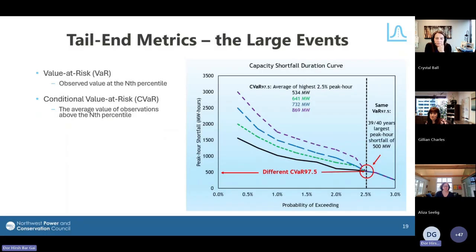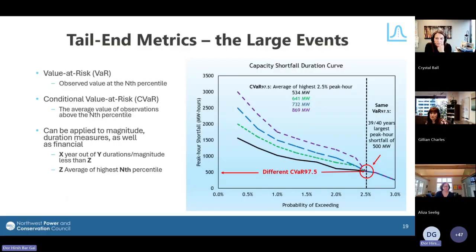The way that we view the tail-end metrics is that it's just a statistical tool that you can apply to your duration, to your magnitude. In fact, most often it is used from financial perspectives and portfolio optimization. So you can use the CVaR to minimize financial risk. So really, VaR and CVaR are agnostic to what metric you're using. You could choose how to apply it.